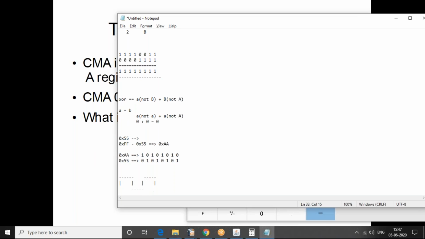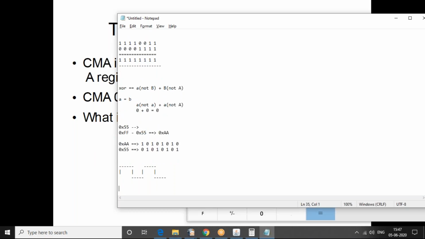If I draw 1 1 0 0 like this, this is how the wave will look. Now it is 1, and then here it is 0, here it is 1, here it is 0. So this is how the wave will eventually look. That's what we do with ones and zeros in microcontrollers.